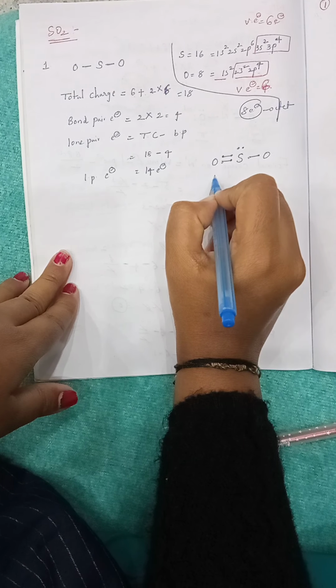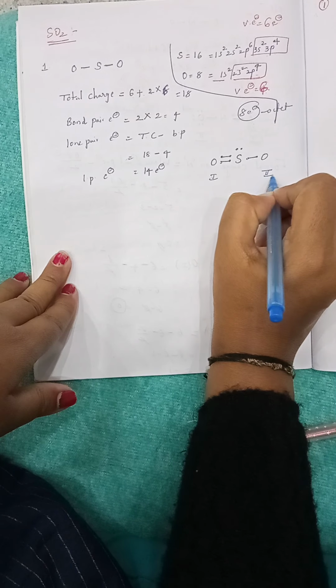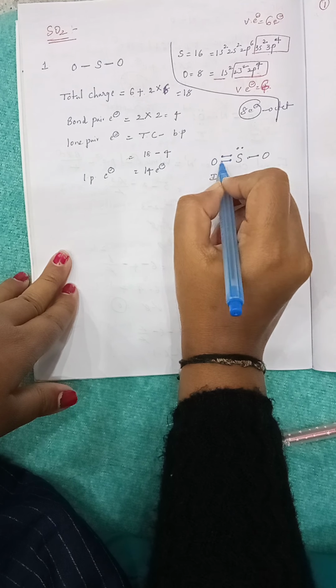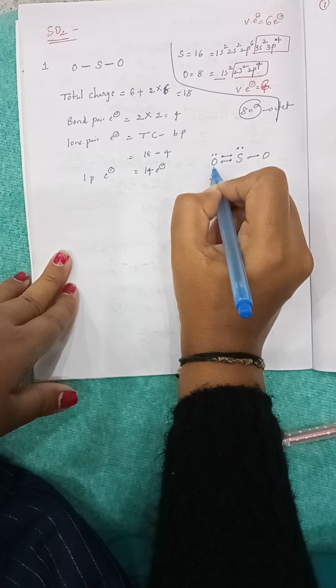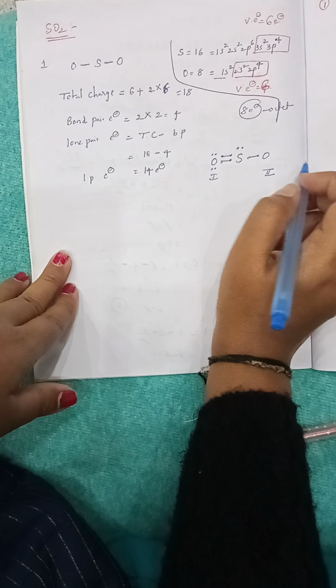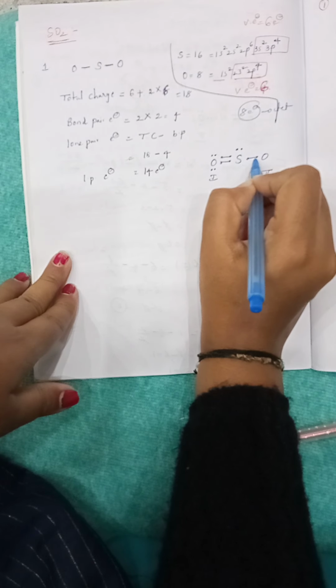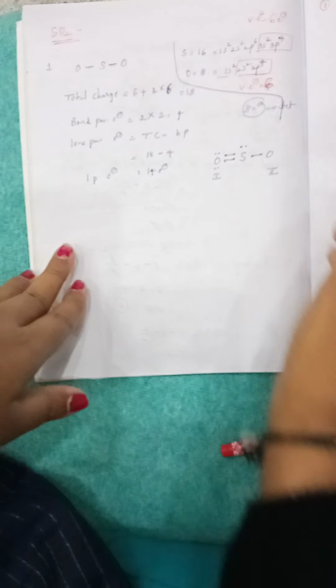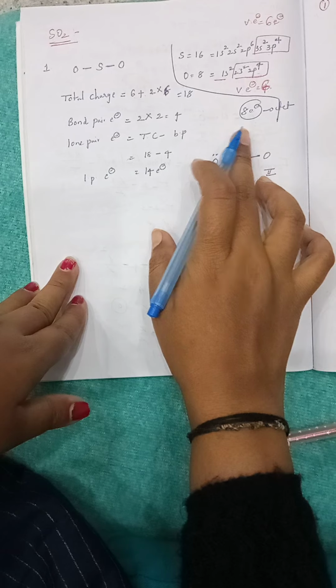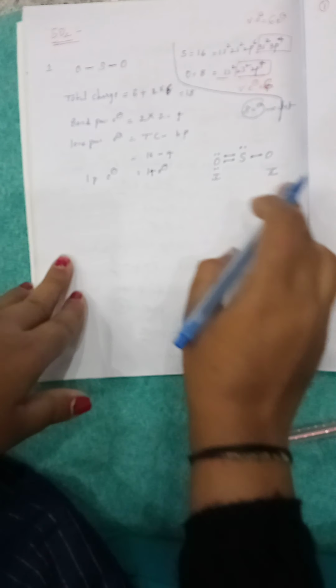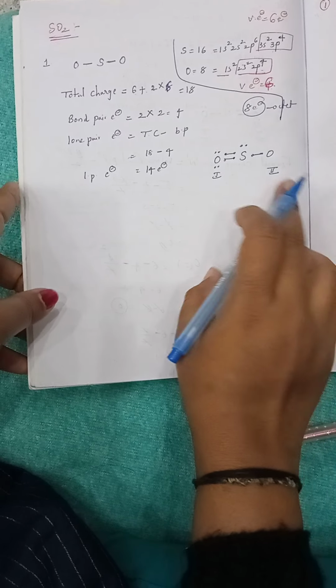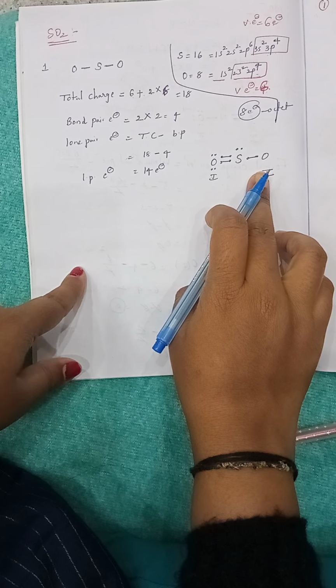Okay, and see, this is the first oxygen, this is the second oxygen. Upon this, 1, 2, 3, 4 electrons are there. Still 4 electrons can be present as lone pair from this. But on this oxygen only 2 electrons are there. To reach 8 electrons, the second oxygen requires 6 more electrons.